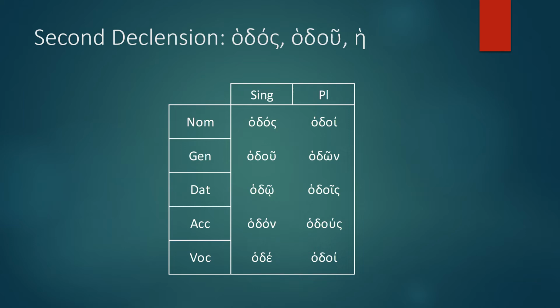So hodos, hodou, hodo, hodon, hode, hodoi, hodon, hodois, hodous, hodoi. Same endings, not the same gender, but we know the gender just from the nature of the word itself. Well, we know the gender from this he in the dictionary entry.